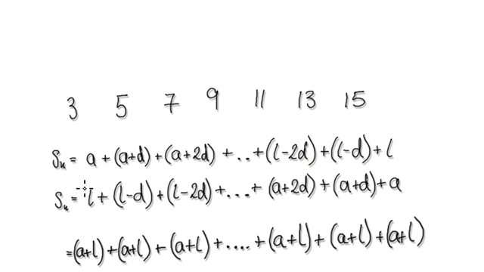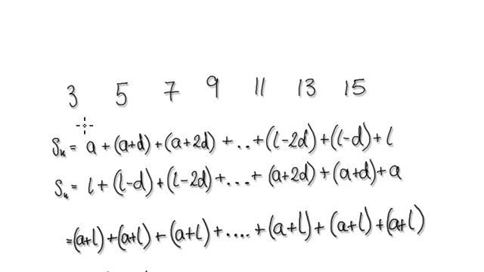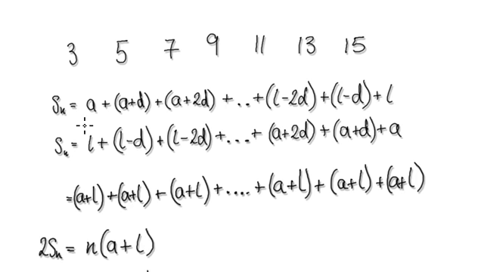So now you add up. Now if you add up the two series, if you get this and add this, that will then give you 2 Sn.